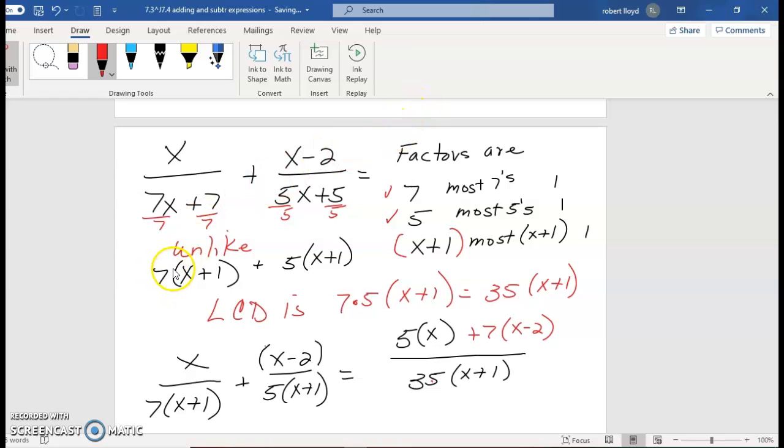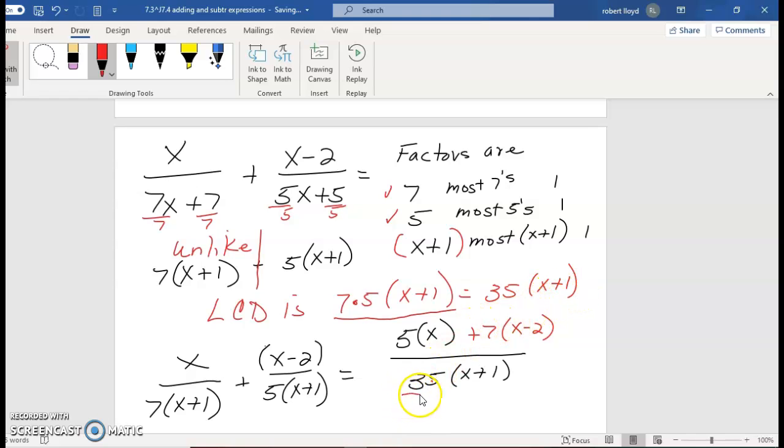So we have the number 7 and the number 5, and we have the quantity x plus 1, all our factors. So the most 7s we see in either one of these is 1. The most 5s we see in either one is 1. And the most x plus 1 quantities we see is 1, 1 in this one, 1 in that one. So all this multiplied is our common denominator, 35 times the quantity x plus 1.